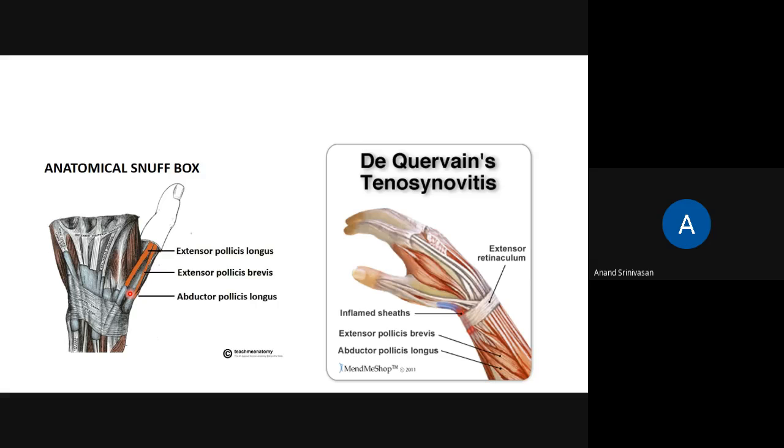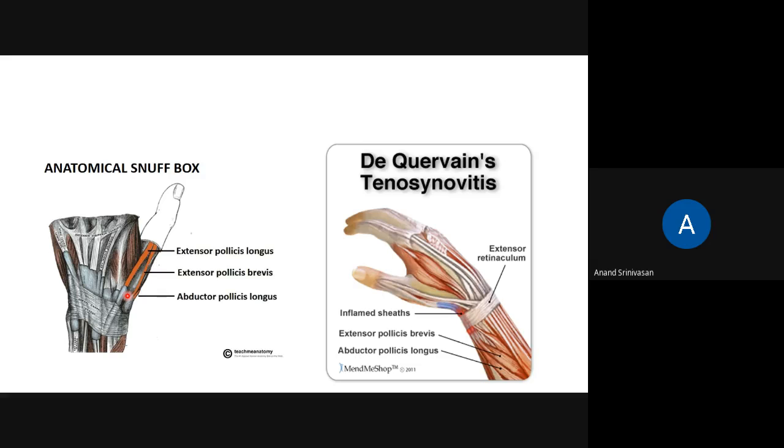And scaphoid fractures, what happens? Scaphoid fracture is very important because the radial artery supplies the scaphoid at a critical point. So in case of scaphoid fracture, the vascular supply to the scaphoid bone can be cut, and when it is cut, it can lead on to avascular necrosis of the scaphoid.